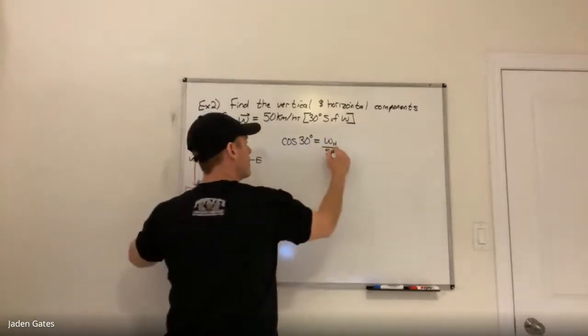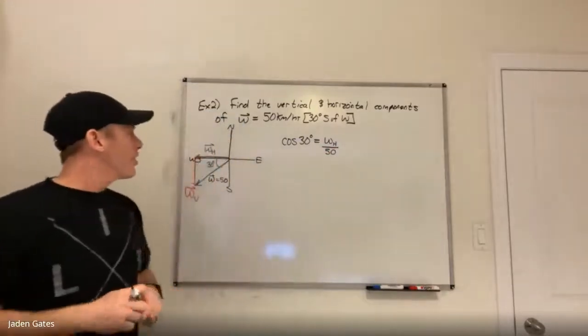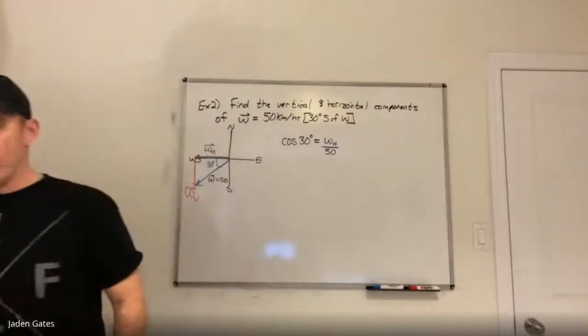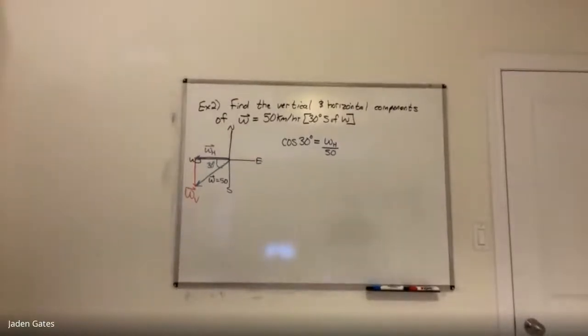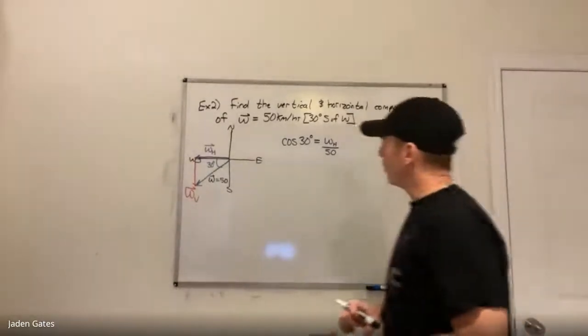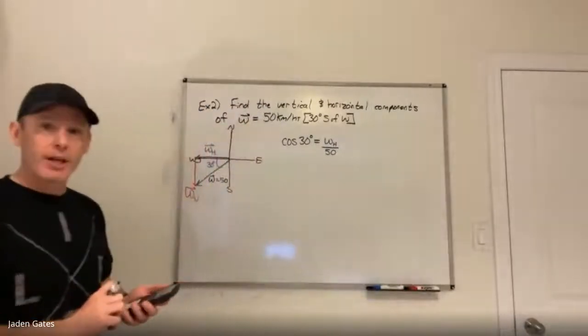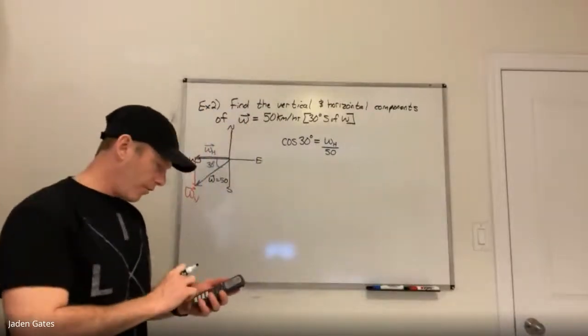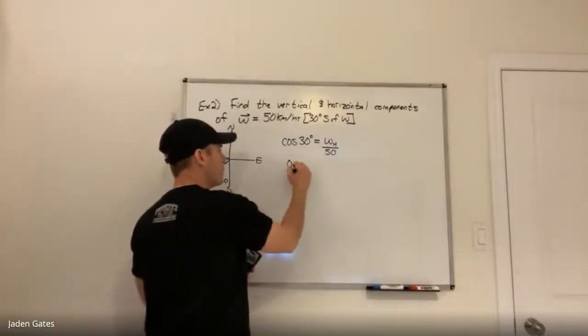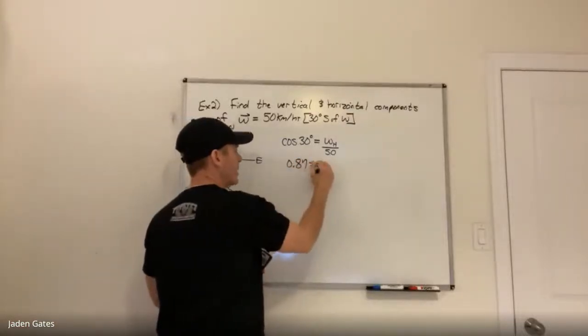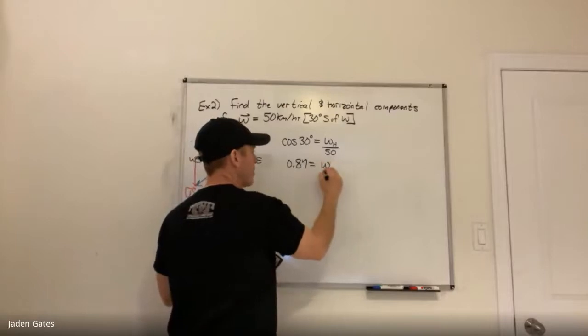Again, I'm going to use my calculator to find the cos of 30. Key thing today is make sure your calculator's in degree mode. You don't want to press all the right buttons and get all the wrong answers. So I hit cos of 30 degrees, and I get, to 2 decimal places, 0.87. And that's going to equal WH over 50.